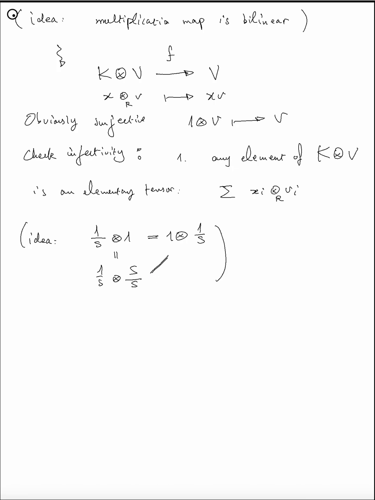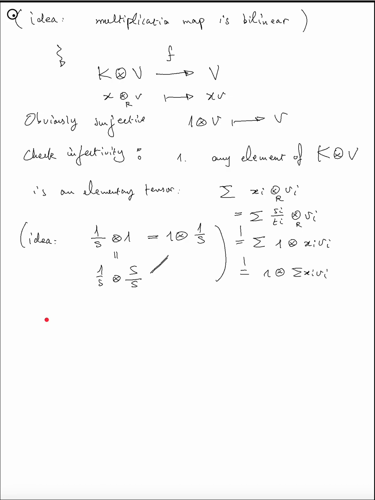So this is, let's say, si over ti and then vi. This ti could also be moved to the right hand side, and so this is finally just one tensor the sum of xi vi, and so this is an elementary tensor.